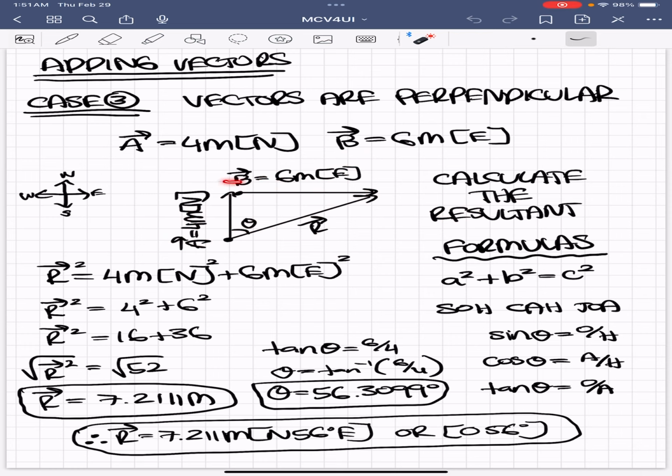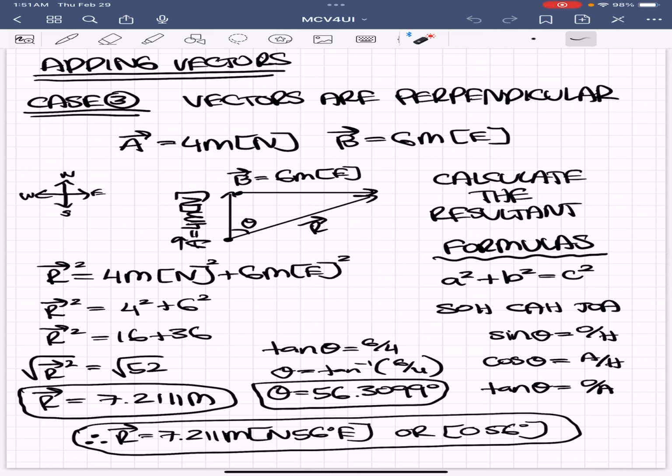So what we have is A and B given, and we calculated the hypotenuse, we calculated the resultant, and it was worth that much. But we're going to be using vectors A and B to calculate the direction of the resultant.